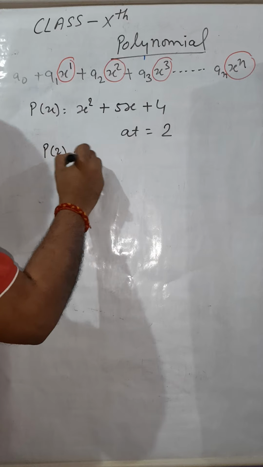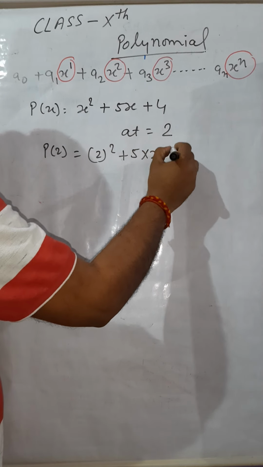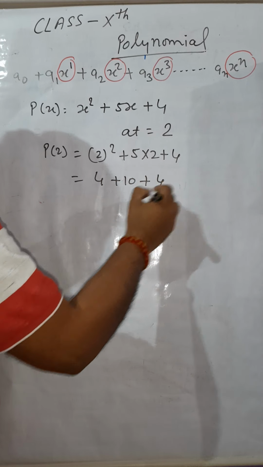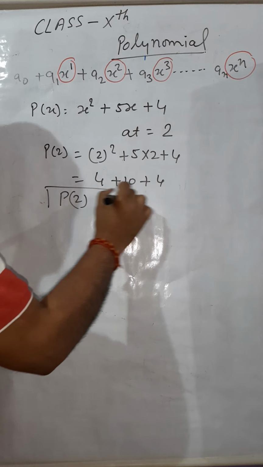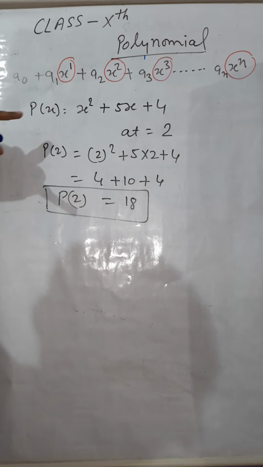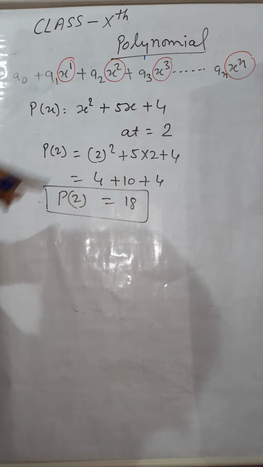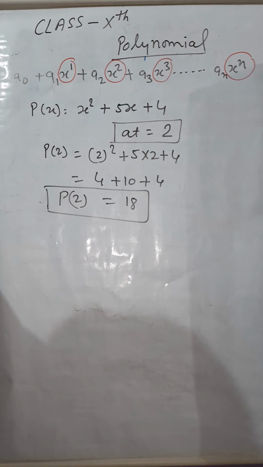So P(2) is equal to 2 square plus 5 into 2 plus 4. So this is 4 plus 10 plus 4, that is 18. So this value is coming P(2). This is the value of this polynomial at x is equal to 2.